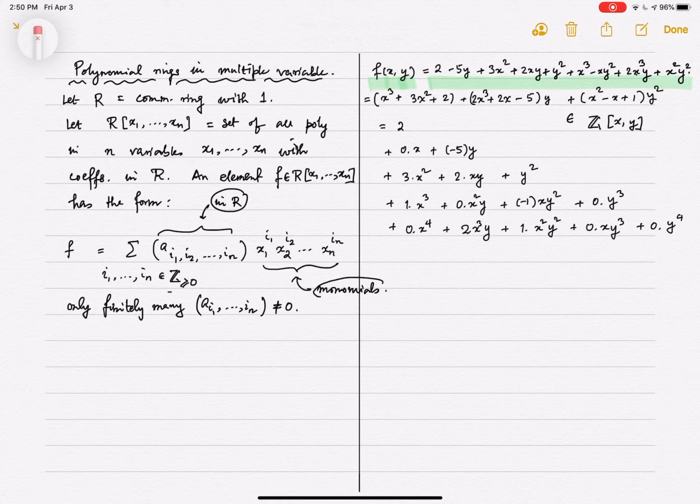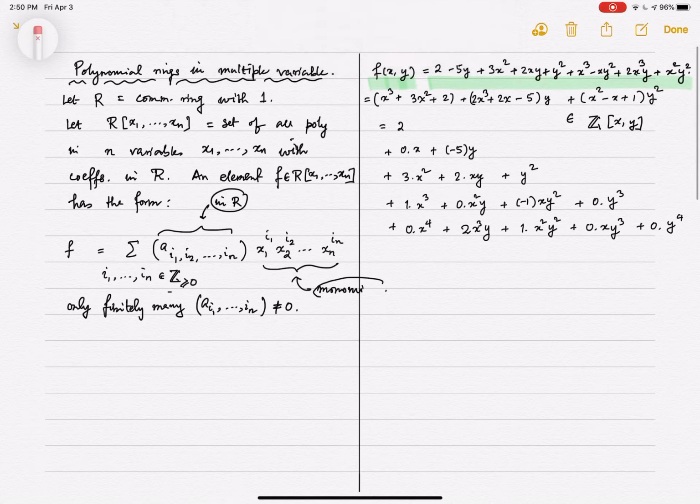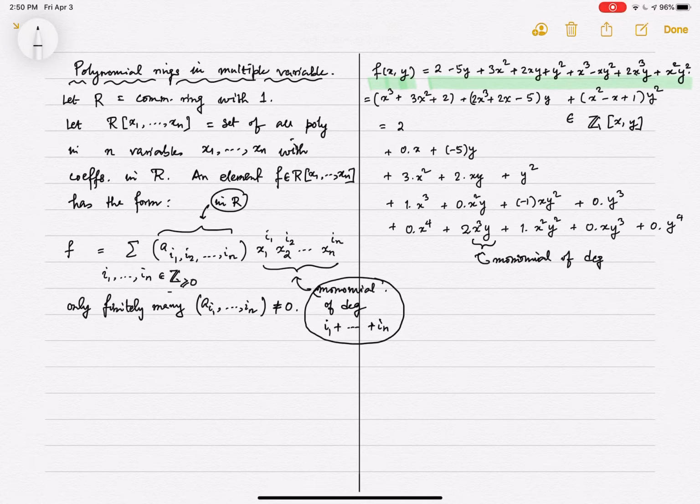That one is a monomial of degree i1 plus ... plus in. So for example, here is a monomial of degree 3 plus 1, 4.